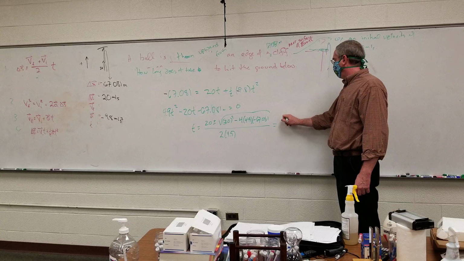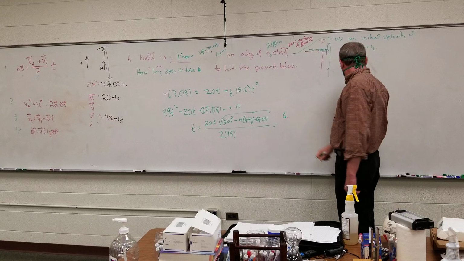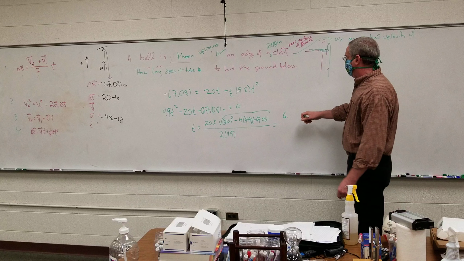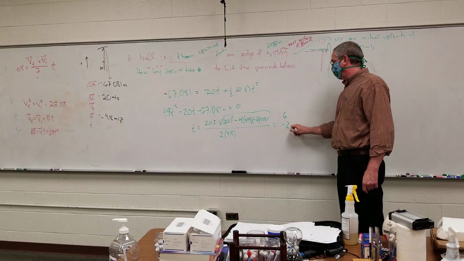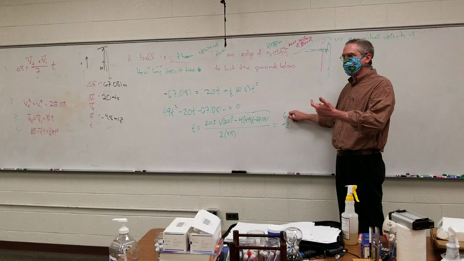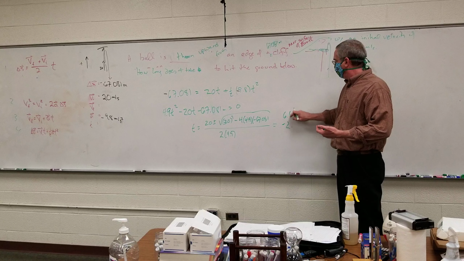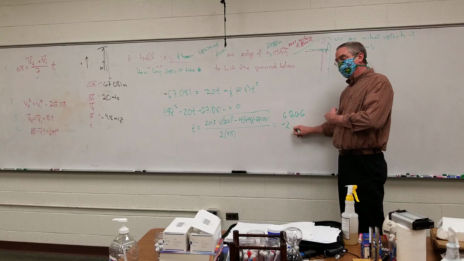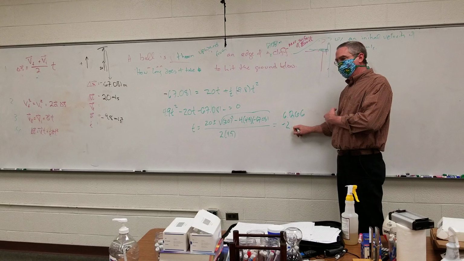And so we end up with 6 point, in the old board, I used to be able to still read it. And then negative 2 point something. What was this again? I think it was 266. Man, my brain is off today. All right, and 185.